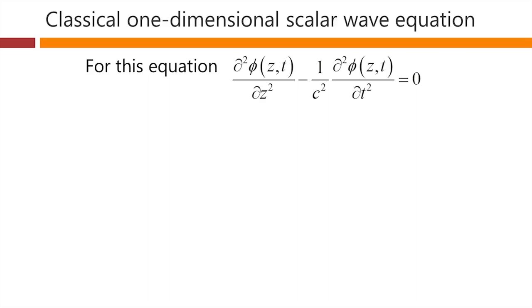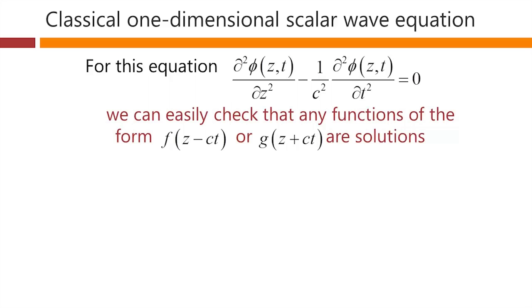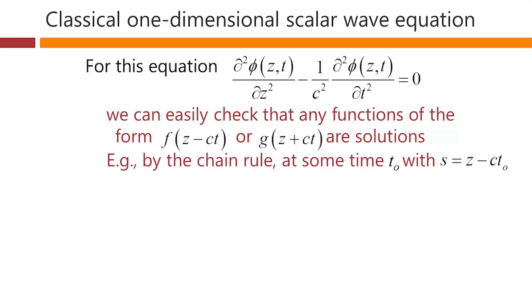Now, for this equation, we can easily check the following. Any function of the form f of z minus ct, or indeed any function of the form g of z plus ct, are solutions here. We can check this by the chain rule. At some time t0, we'll create an auxiliary variable we call s, and that will be z minus ct0.